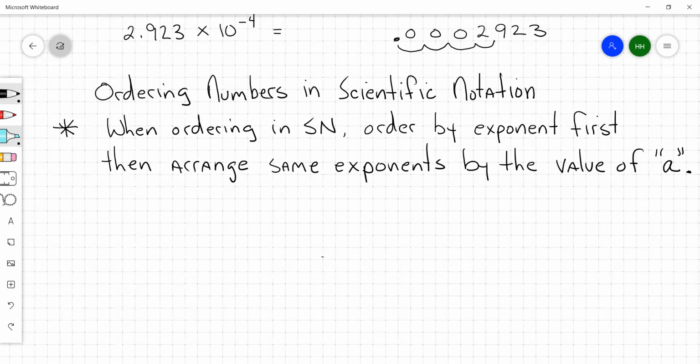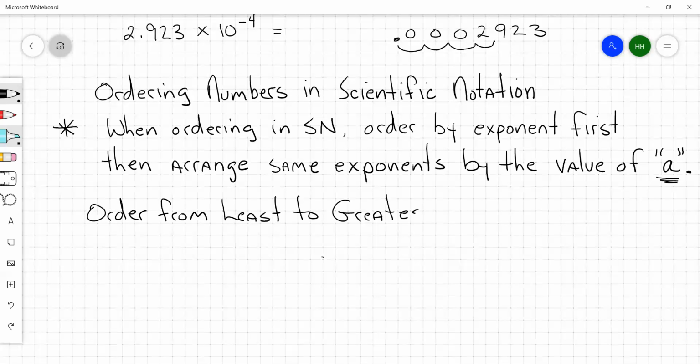Then, if two numbers have the same exponent, use the value of the A. All right, the value of the A. So we're going to order these from least to greatest.